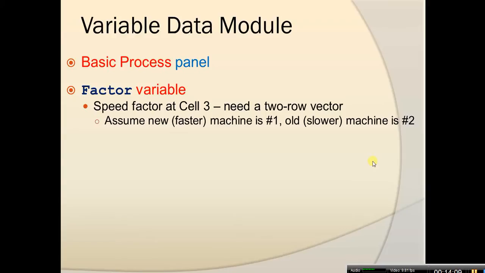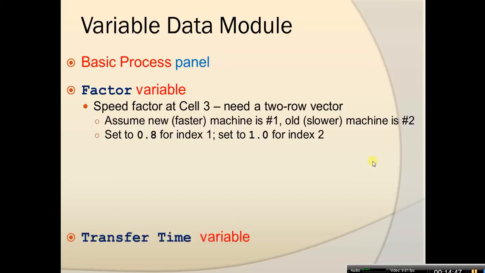And we'll put the newer machine first and the slower machine second, so that we can first have machine 1, and then if machine 1 is already busy, then we'll be using machine 2, and we'll repeat selecting those to use the cyclical selection. We also set 0.8 for index 1 because it's going to be 20% faster, and then we'll set 1.0 for index 2 because this is just a regular time for the old machine.